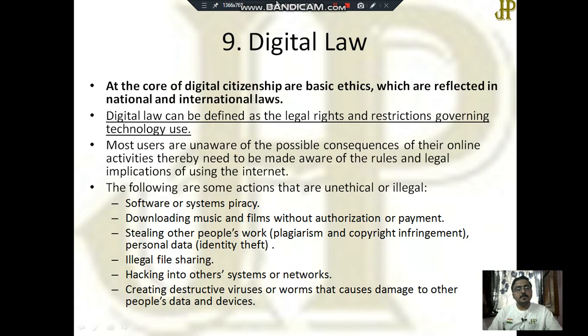And the last one is digital law. At the core of digital citizenship are basic ethics, which are reflected in national and international laws. For cyber safety, there is a law for the users by the government, both national as well as international.